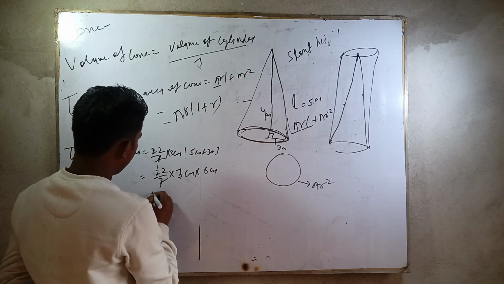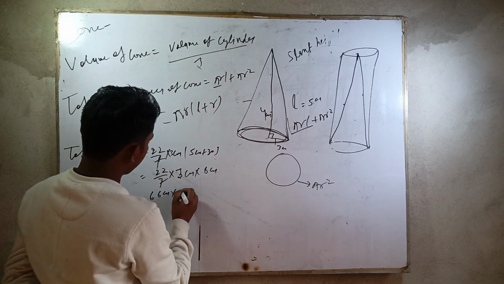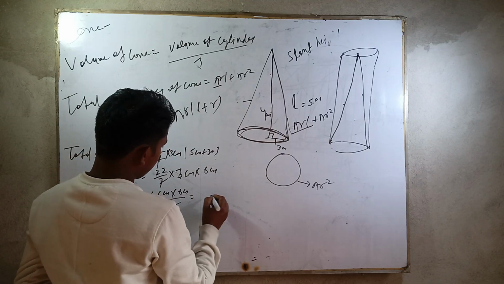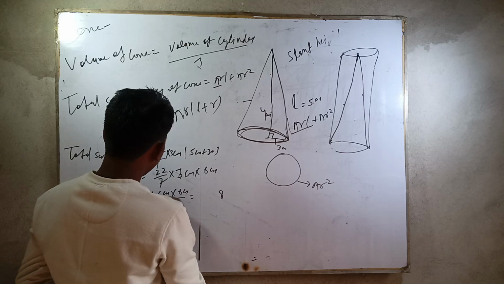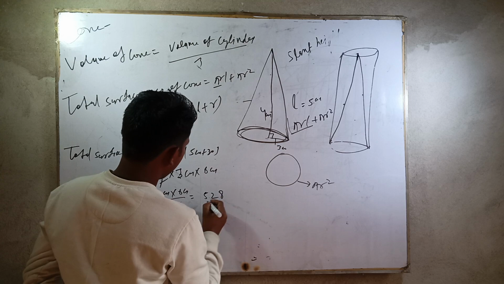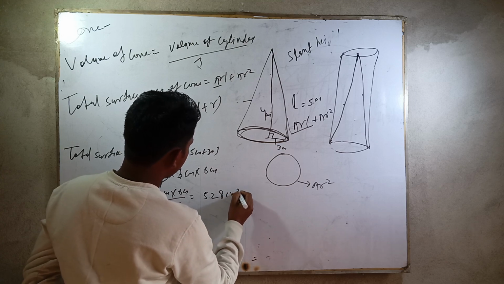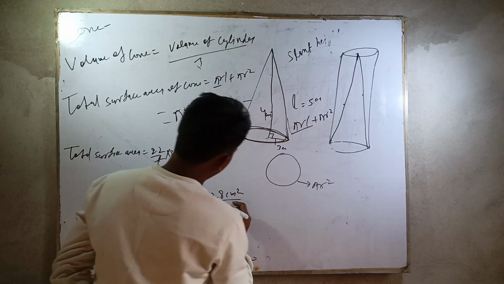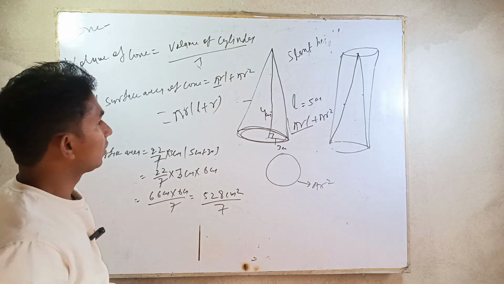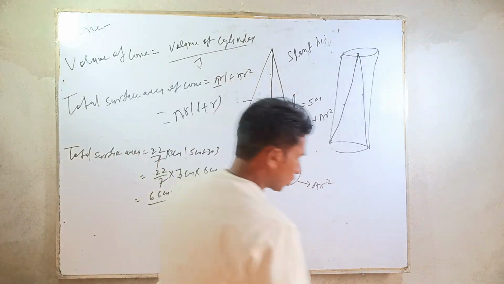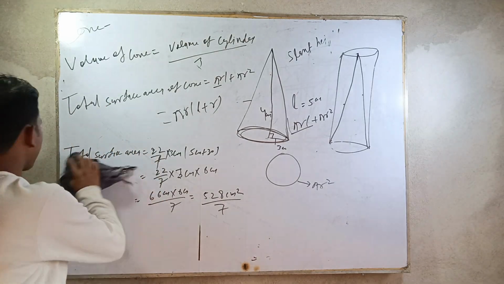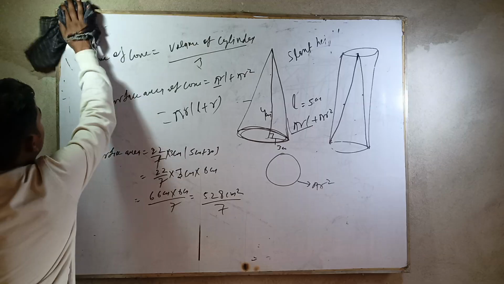So now 66 centimeters cross 8 centimeters by 7 is 528 by 7 square centimeters. This one is the total surface area of the cone. So by this figure we understood all these related things. Next one is a sphere. So what is a sphere?